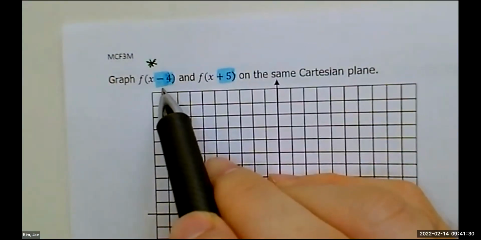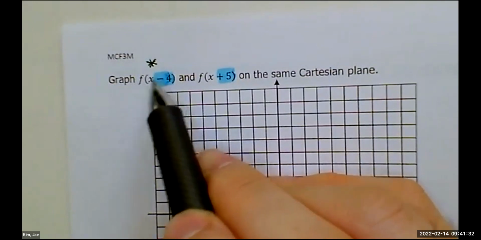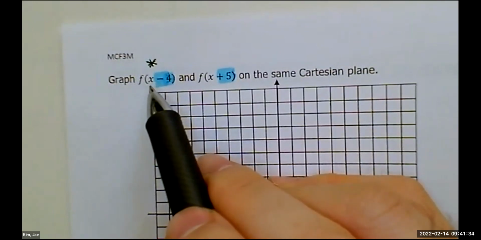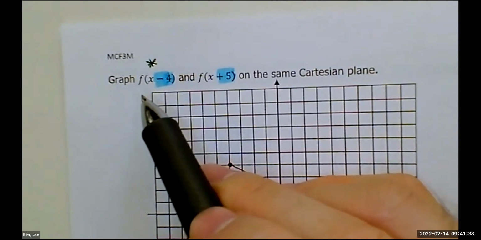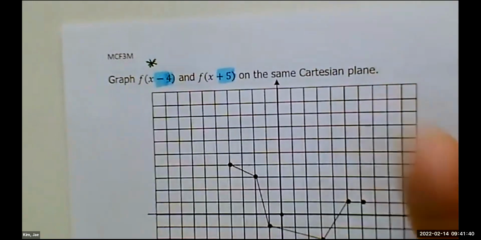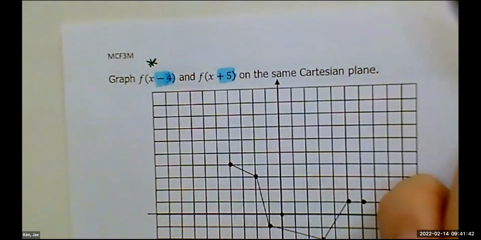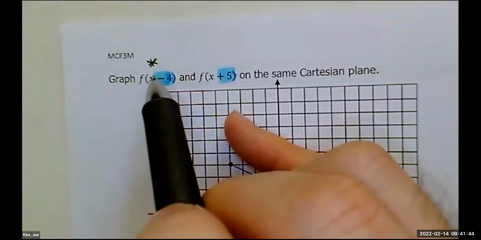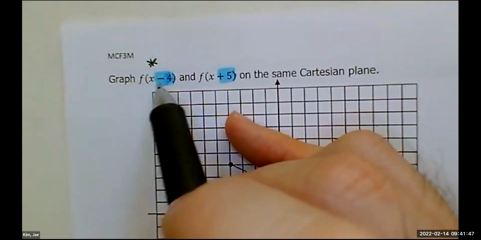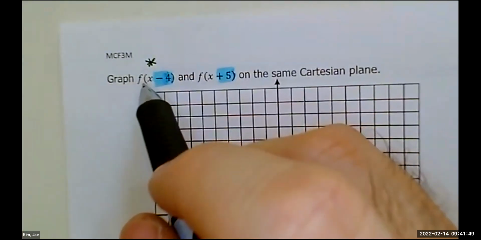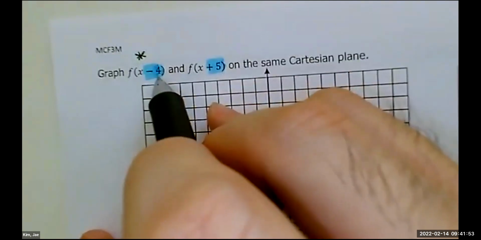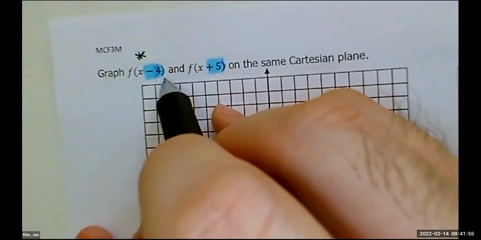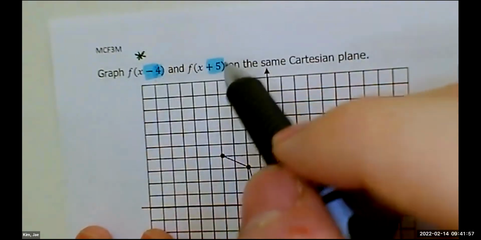If it looks like it's subtracting inside the function, logically, what would you think is the direction of movement? If you're subtracting, yes, left. For reasons why that I can't explain right now, it's a very logical thing, and once you plug in numbers, it makes sense. But if it looks like it's subtracting, it's actually moving in the other direction.